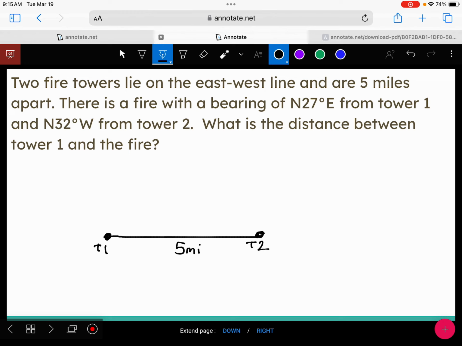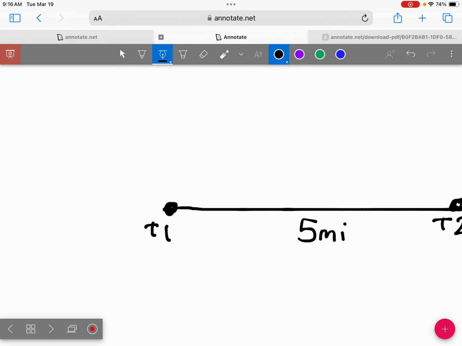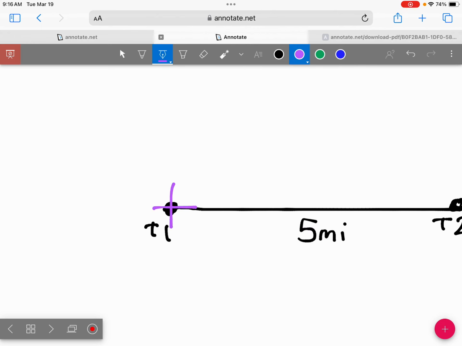So Tower 1 spots a fire with a bearing of north 27 east. If we look down at Tower 1 and we're trying to go north 27 east, we've got to pull up our old bearing information. So north, east, and it's 27.